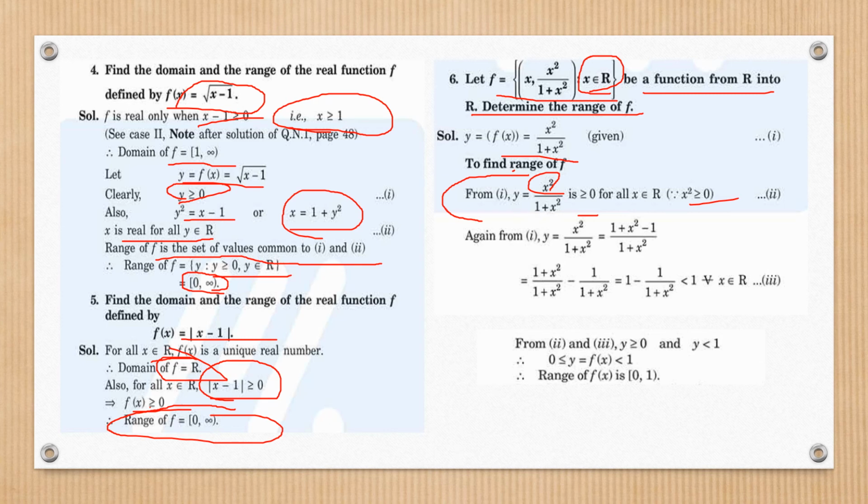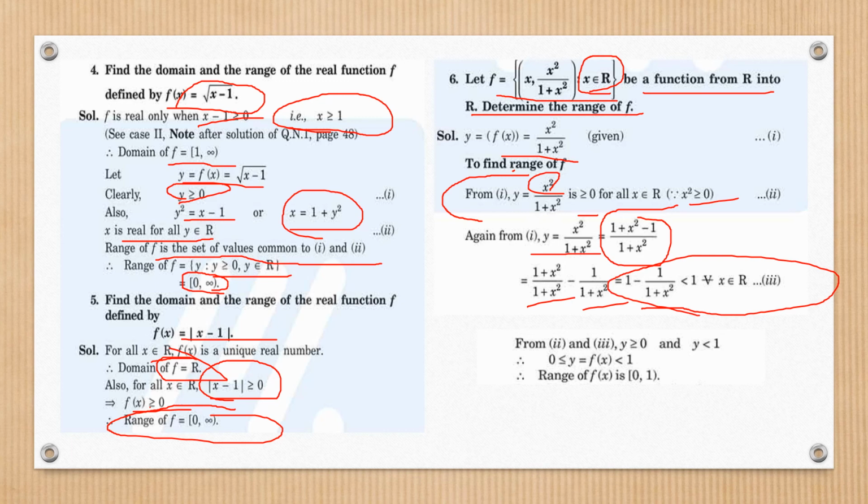Now again, what can you write y as? x square upon 1 plus x square. Can I write it by adding and subtracting 1 in the numerator as 1 plus x square minus 1? Now separate the numerator: 1 plus x square upon 1 plus x square, minus 1 upon 1 plus x square, right? So the value we obtain is 1 minus 1 upon 1 plus x square.